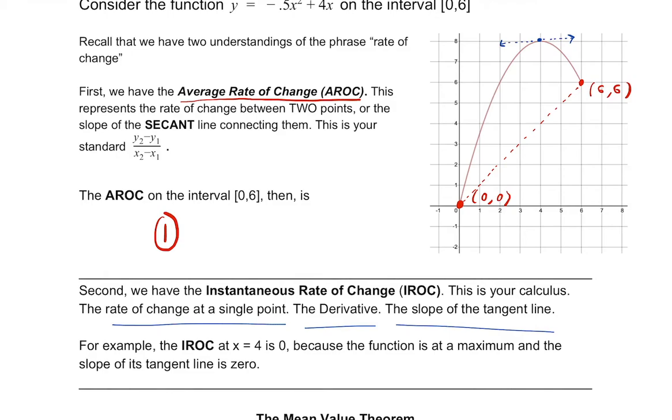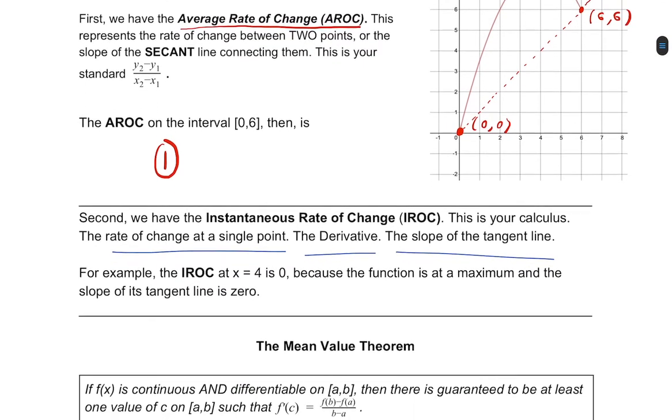What the mean value theorem tells us is that if we have a function that is continuous, meaning I can draw this entire function without lifting my pencil, and it is smooth, meaning there are no sharp corners, there are no vertical asymptotes, there are no places where I can't take a derivative, then the mean value theorem tells us the following.